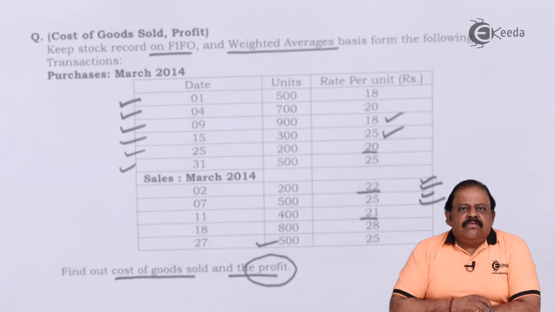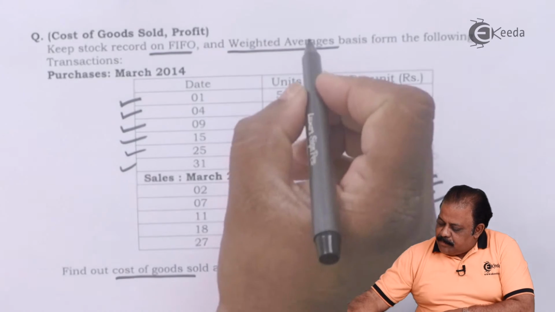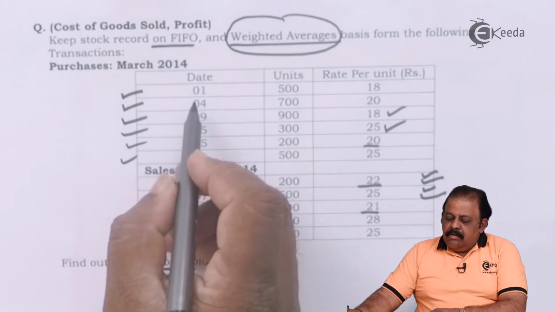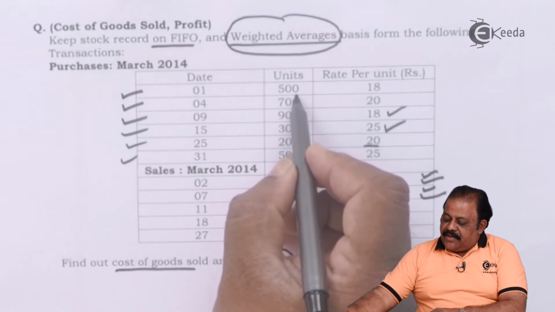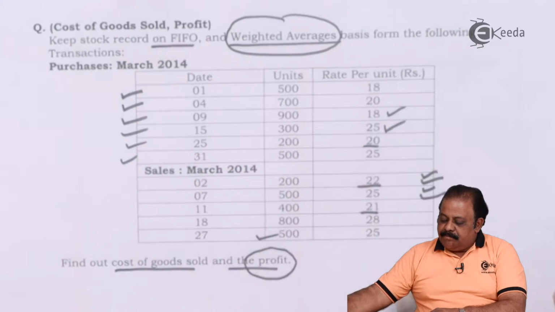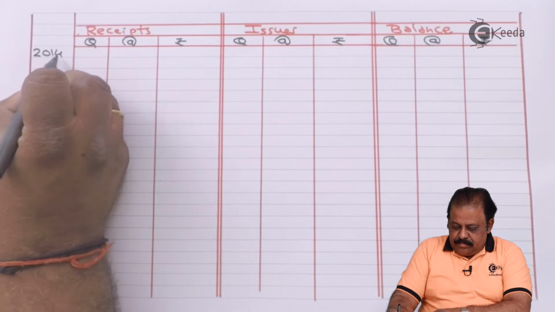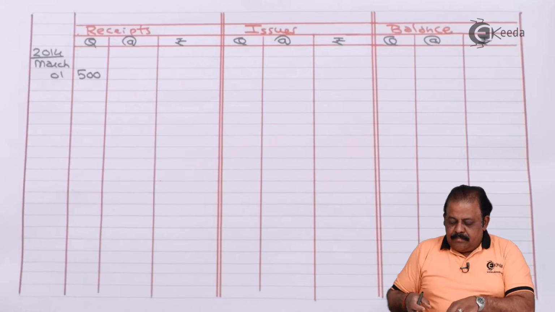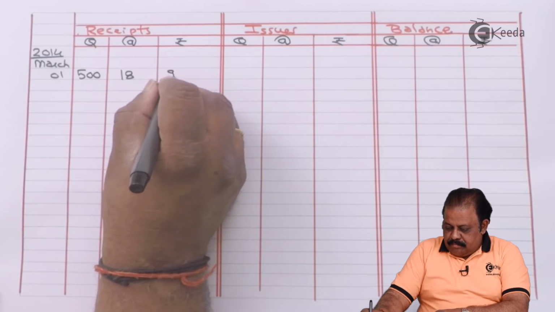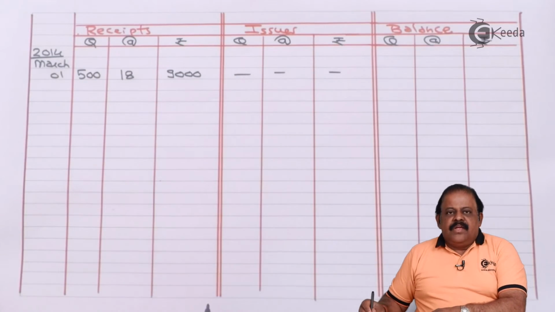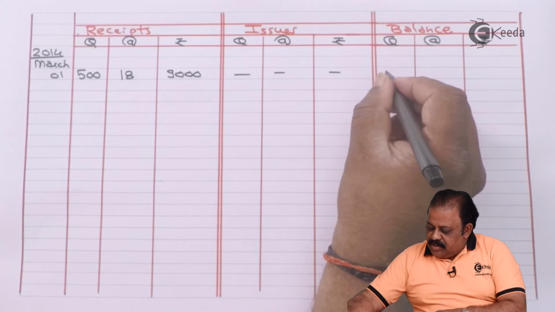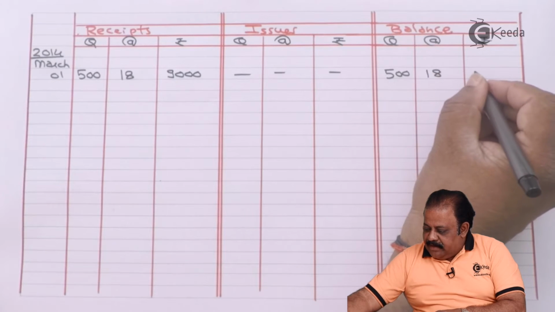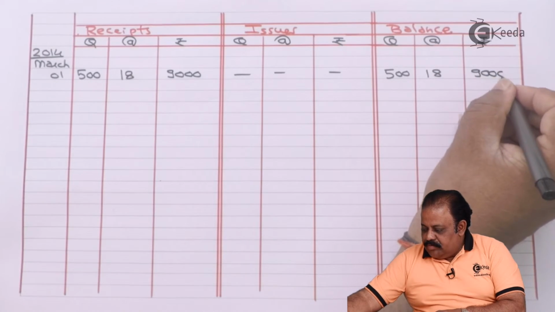Now we will try to find out profit as per weighted average basis. On 1st January there is purchase of 500 units at the rate of 18. There is no opening stock, so on 1st March 500 units at the rate of 18, value 9,000.